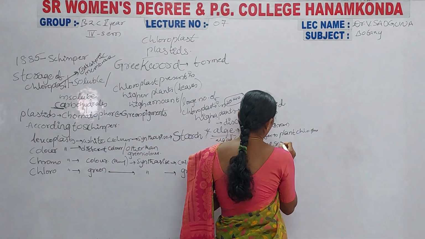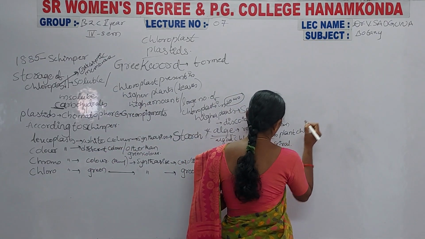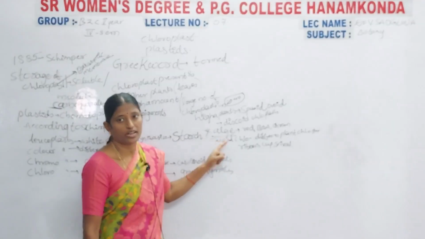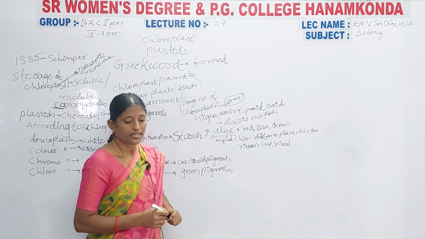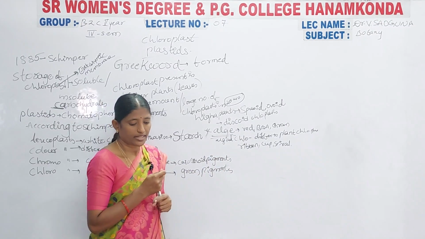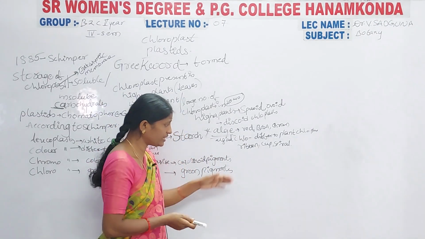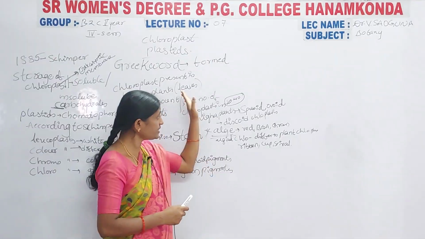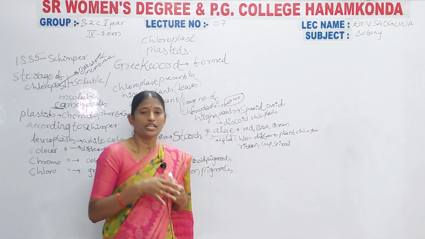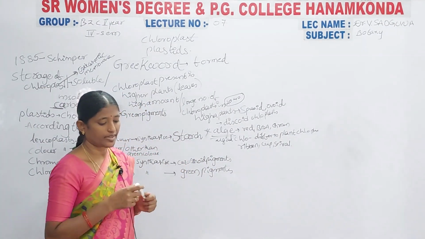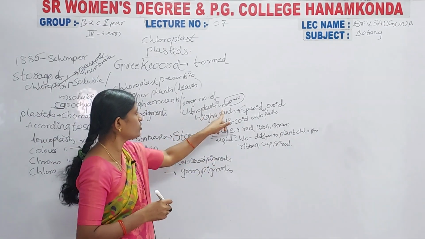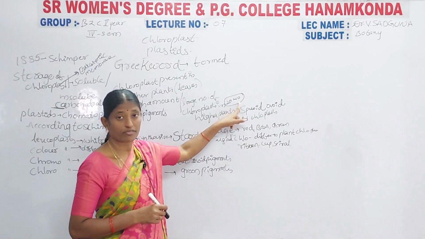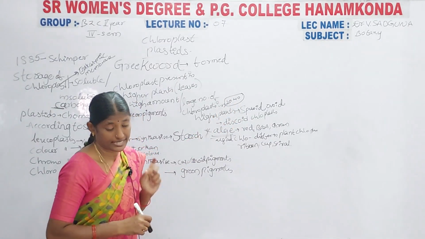So spiral chloroplasts are present in different types of algae. In most higher plants, 20 to 40 chloroplasts are present.